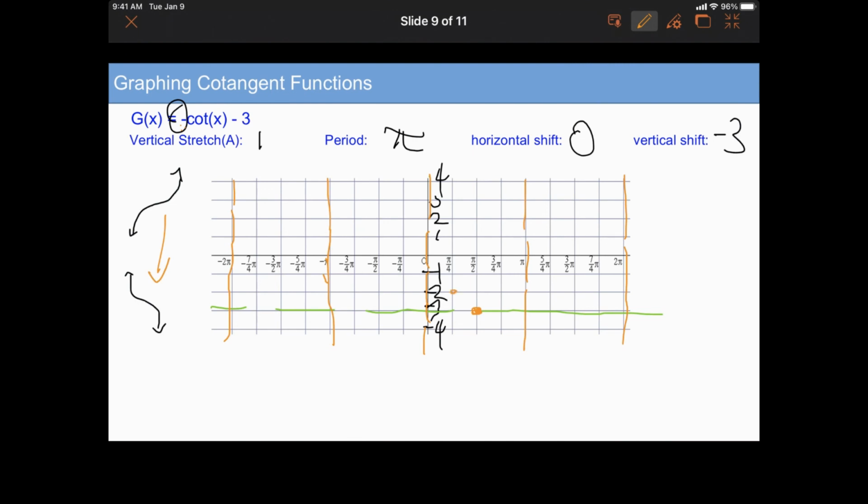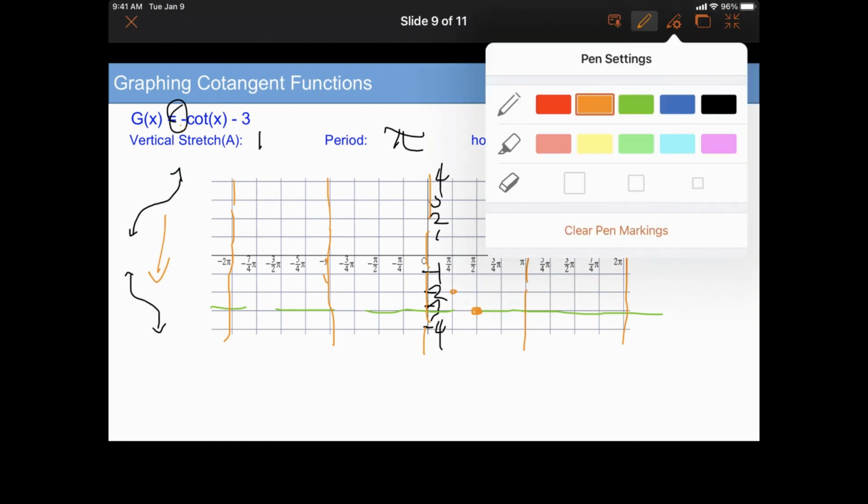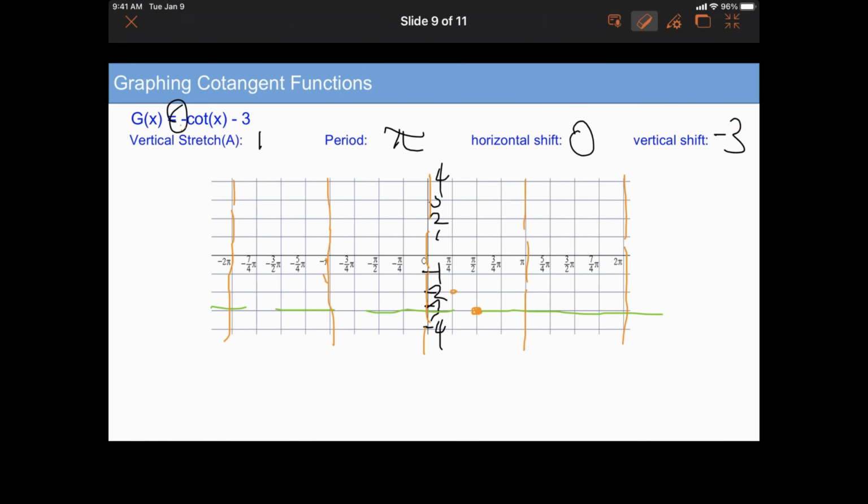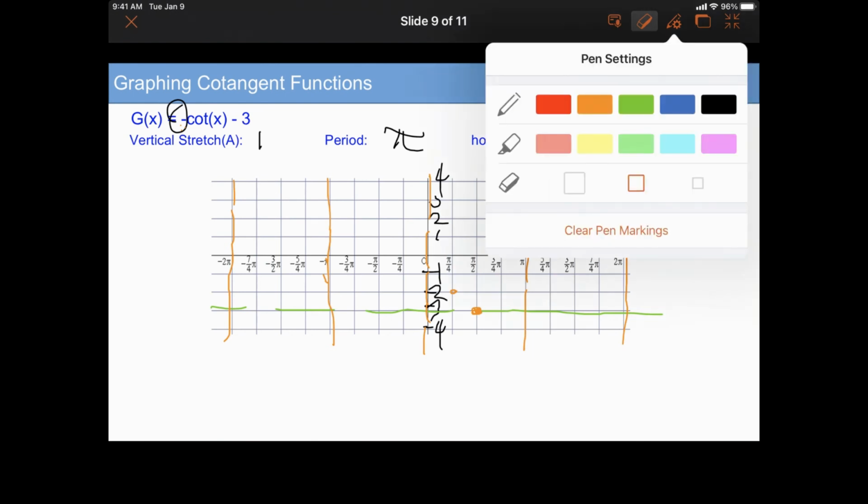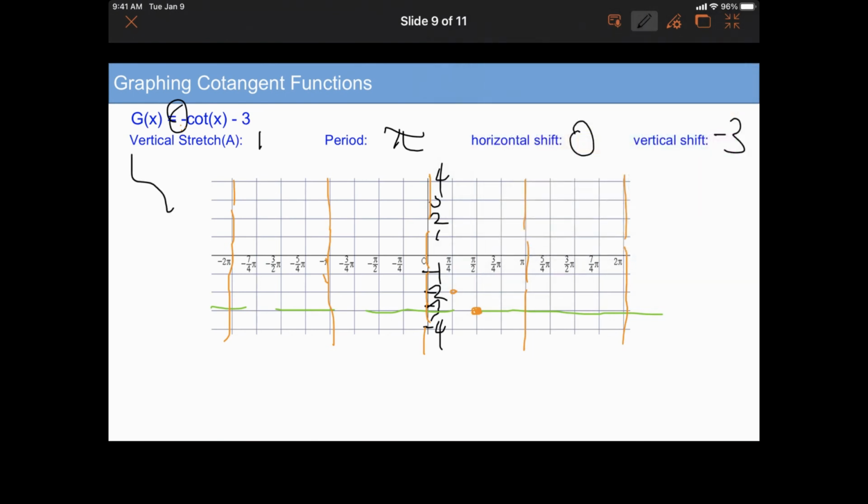Sorry. I did that wrong, didn't I? Okay, now I can't remember what I said. Cotangent looks like this. But we're going to make it look like this, like tangent. Okay, so this is cotangent. We're going to make it like tangent because we flipped it. If I said that wrong earlier, so sorry.